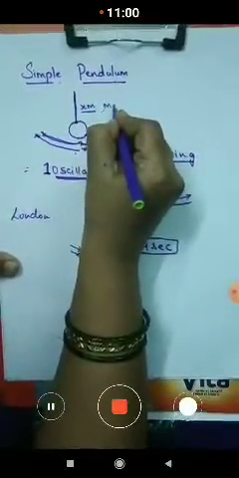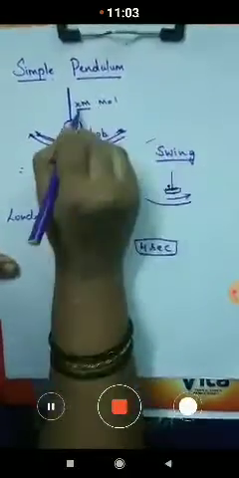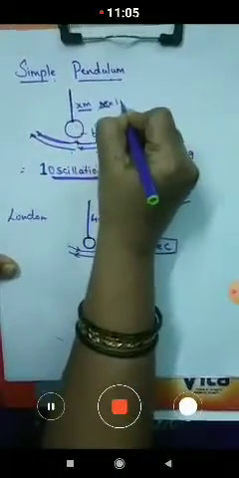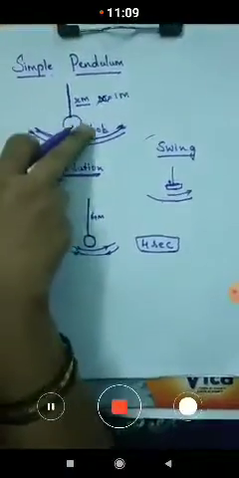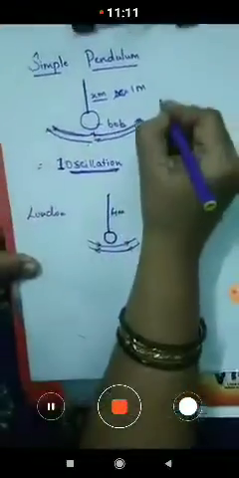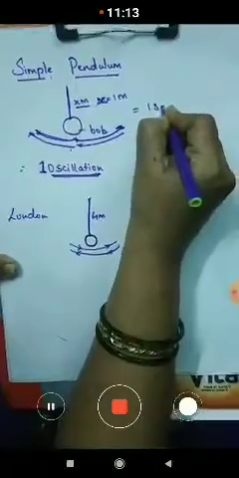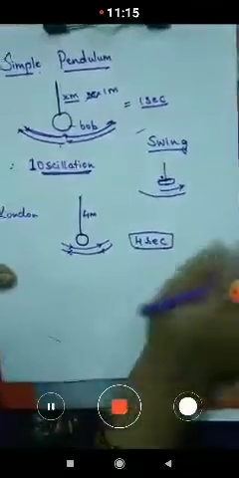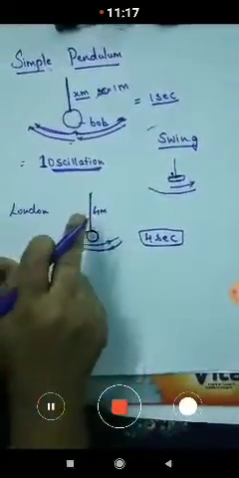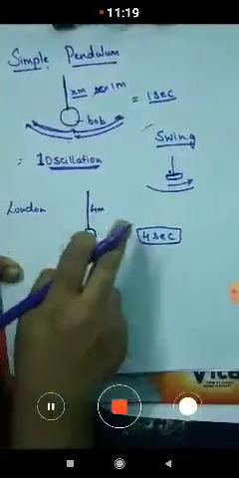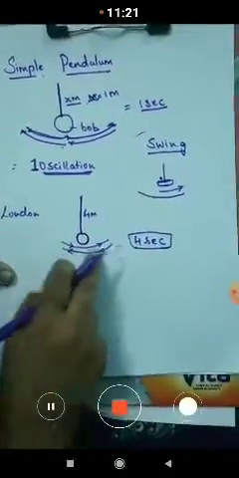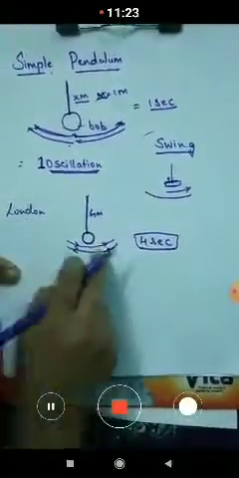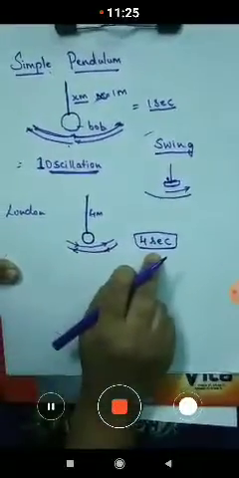If x is equal to 1 meter length, then the time taken for this bob to complete one oscillation is nothing but 1 second. I think everyone understood. The length of the pendulum depends directly on the time taken to complete one oscillation, which is 4 seconds for the 4 meter pendulum.